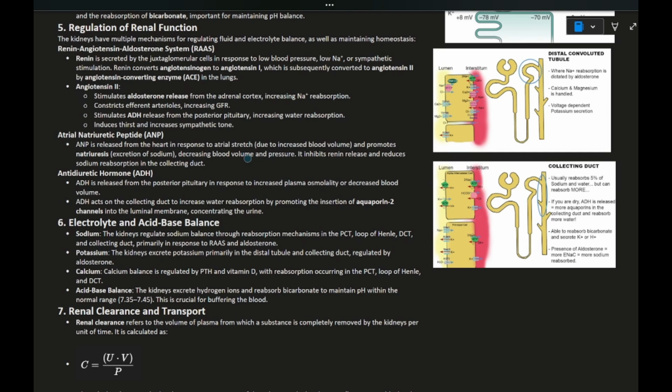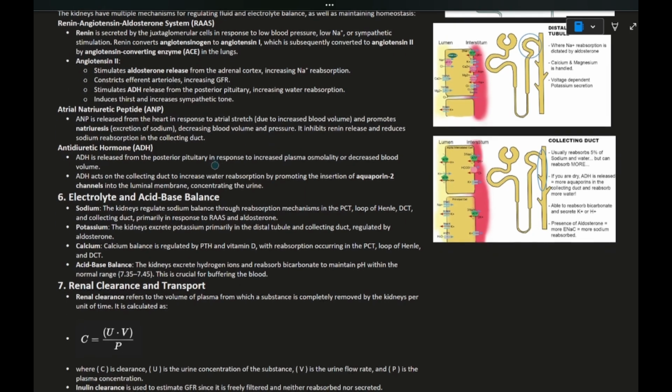So if there's more water and fluid escaping the blood, that's going to decrease the blood volume, and as a result, decrease in blood pressure. Makes sense intuitively. Interestingly, the atrial natriuretic peptide will inhibit the renin release and ultimately reduce sodium reabsorption in the collecting duct.